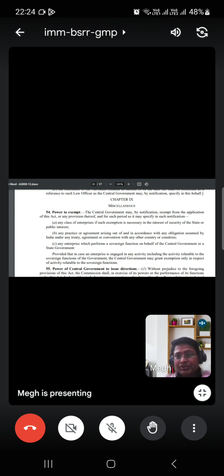Section 54, I'm reading, says that the central government may by notification exempt from application of this Act or any provision thereof for a period as may be specified.